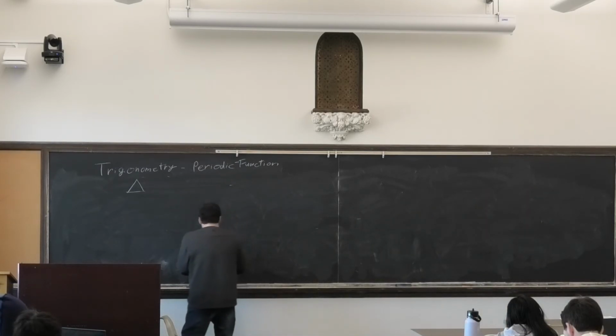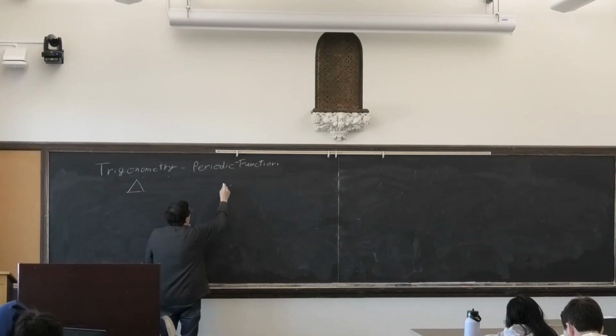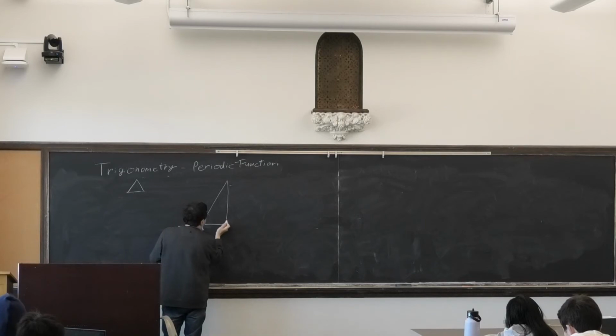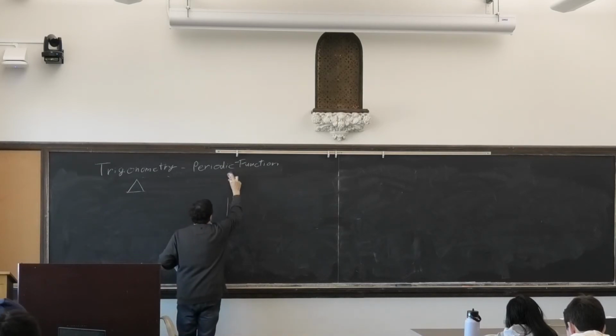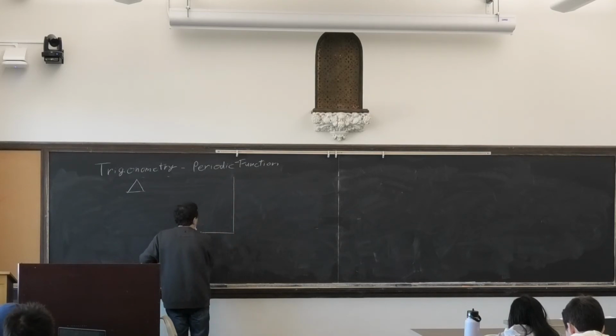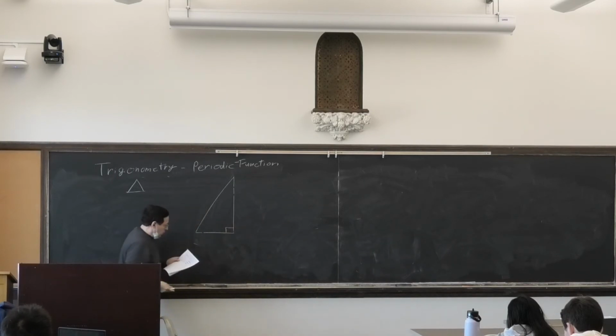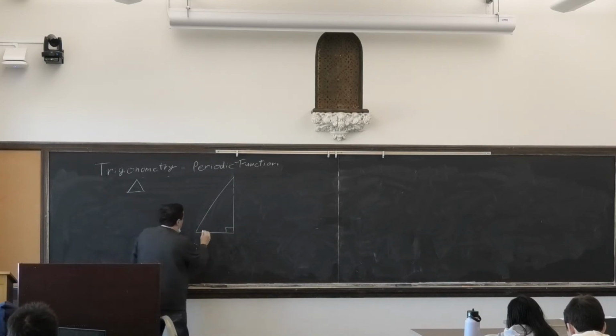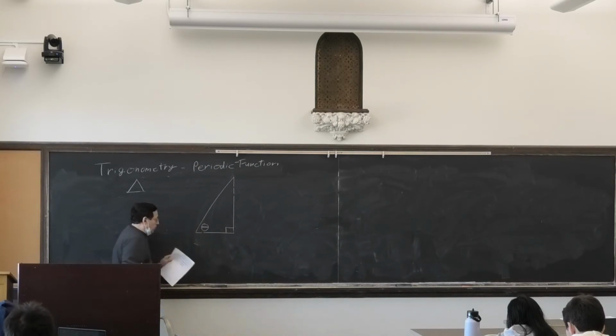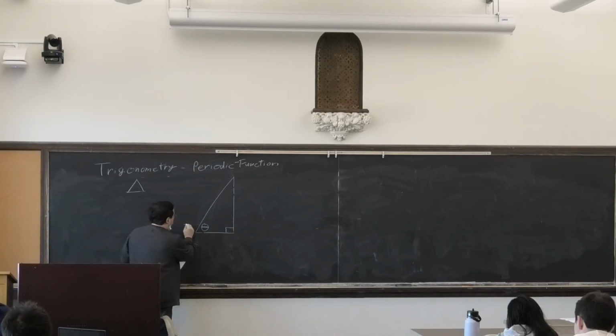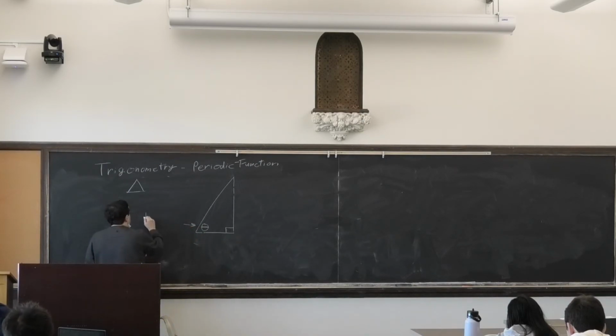All right, so with trigonometry, we're going to start with a right angle. This symbol, of course, means a right angle. And another one of the angles, not the right angle, we're typically going to call by the Greek letter theta.